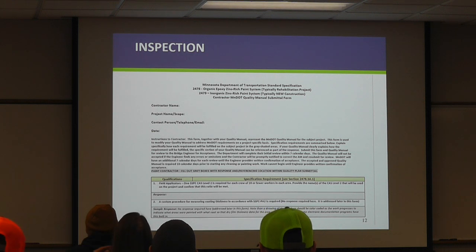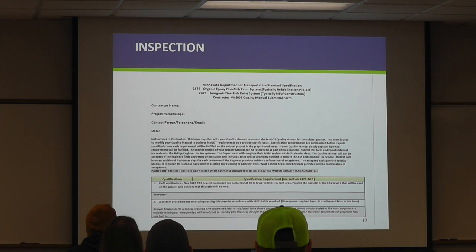So in your quality manual, you're going to have a custom procedure for measuring thicknesses according to SSPC PA 2. They can, at that point, say, once the primer has been applied, according to manufacturer guidelines, which they should have all this information too, I'll touch more on it as we go.